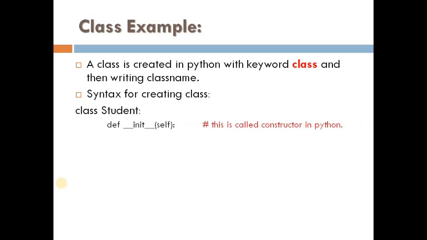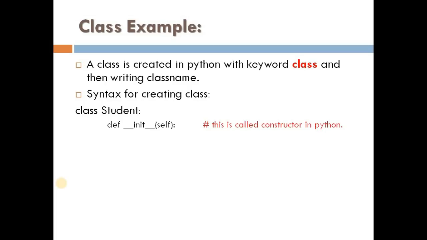In the Student class, there is a method called def double underscore init double underscore, and that method contains a default parameter, the self keyword. Self is nothing but the this keyword in other programming languages, but in Python we write self instead of this.